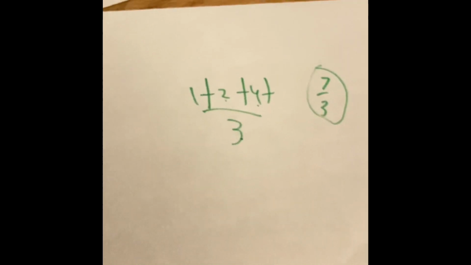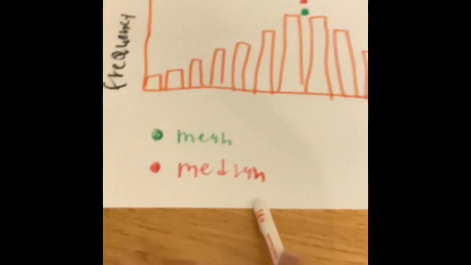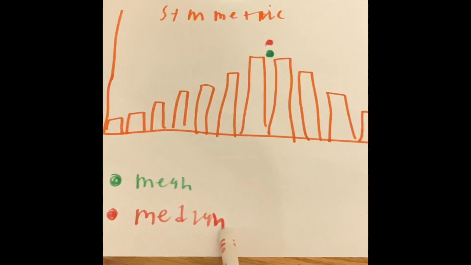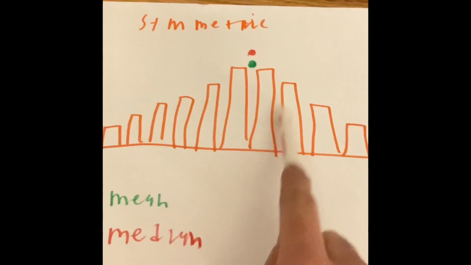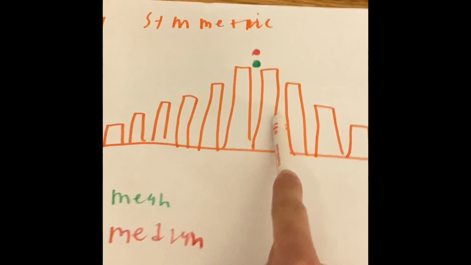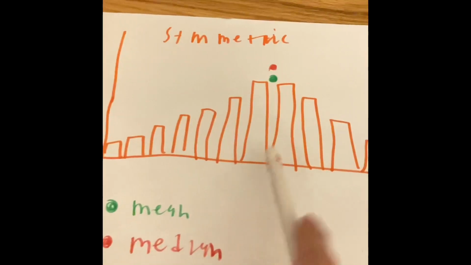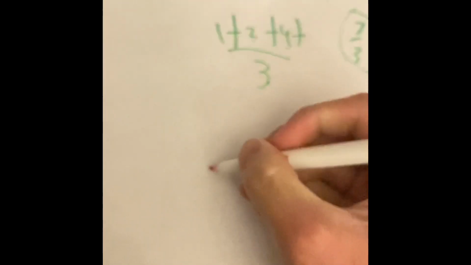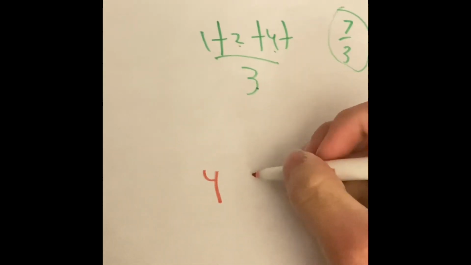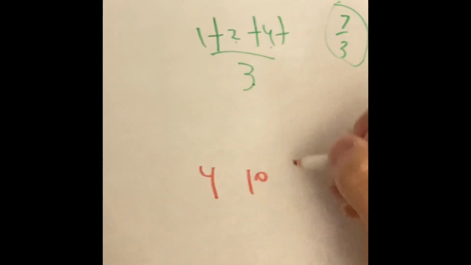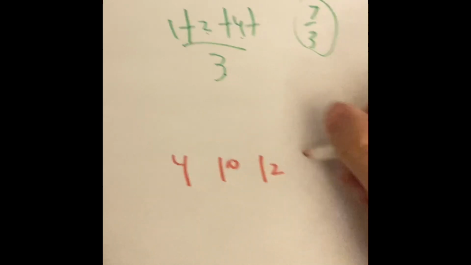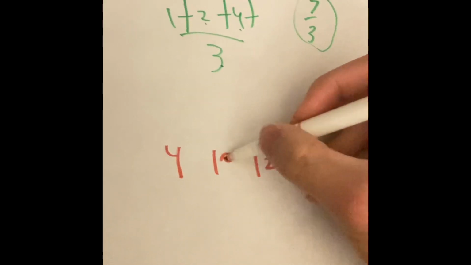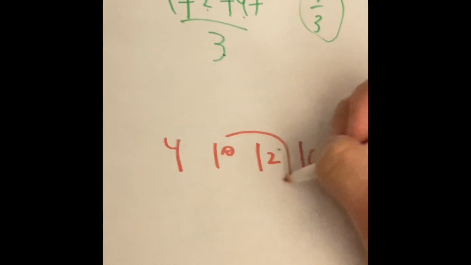But the median is not really affected by the type of chart or histogram you use, but it's still going to be a big play in the game. So remember, the median is actually the middle number in numerical order, like 10, 12, 4, and 16. 10 and 12 are going to be the middle numbers.